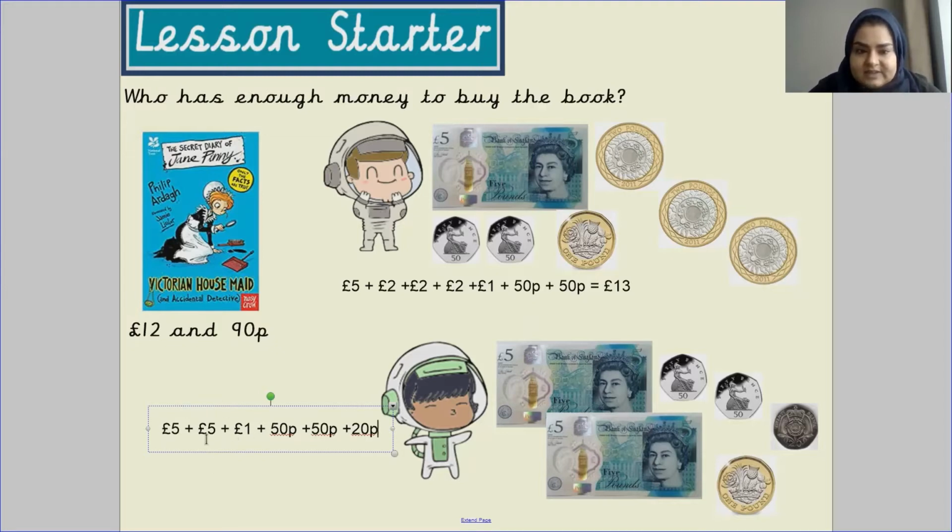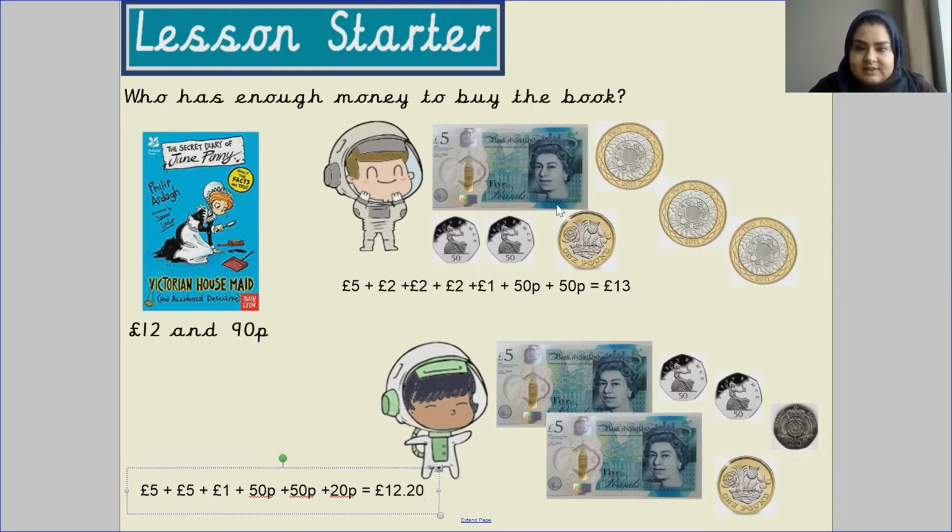Then I have this money here, so I have 5 add 5 is 10, £10 add £1 is £11, add 2 50p's is £12, and then add 20p. So this mathstronaut has £12.20, which means mathstronaut number 1 has enough money to buy the book.